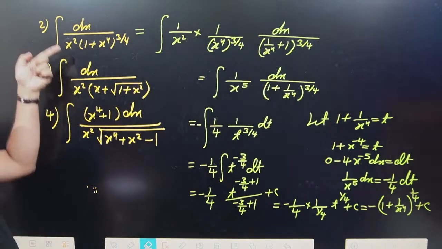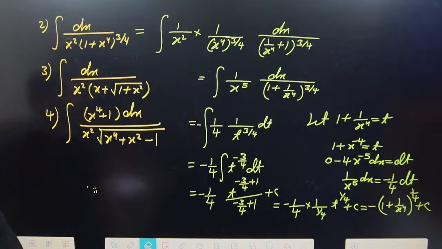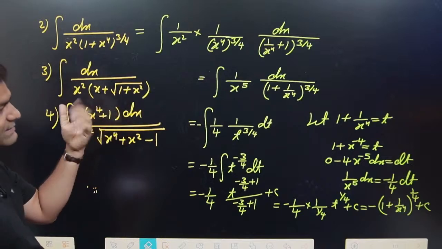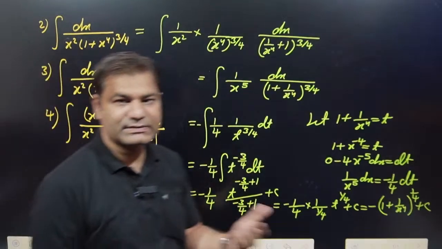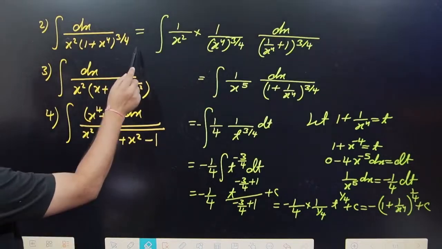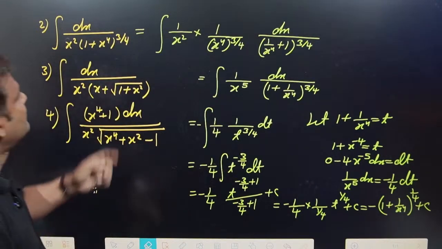If this type of question comes, then always take x common, the highest power. If it is x square then x square, if x cube then x cube. So question number 2 is completed. Simply, how can we do it?